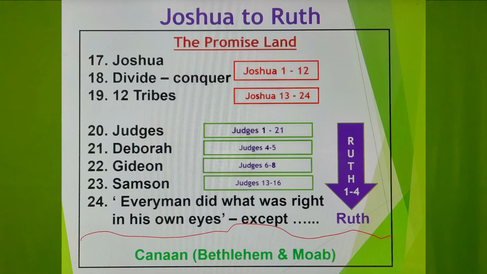Now coming to the next book, Judges. After Joshua's death, things did not happen as the people promised Joshua. They started mingling with the Gentiles there. Actually, Joshua had some mistakes in the land.